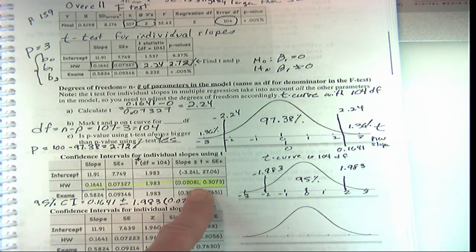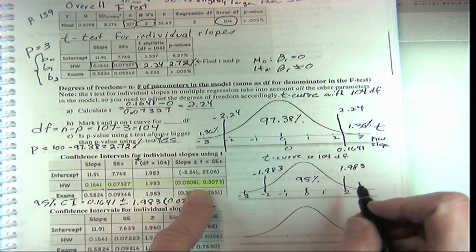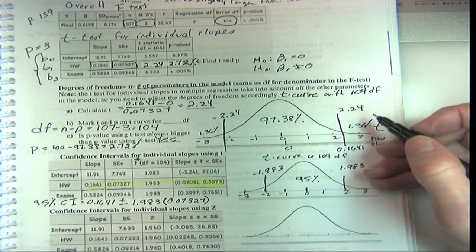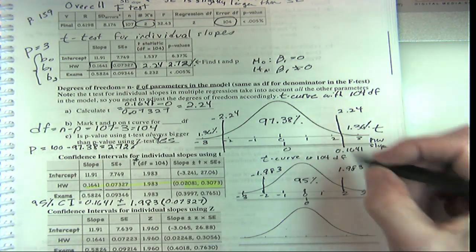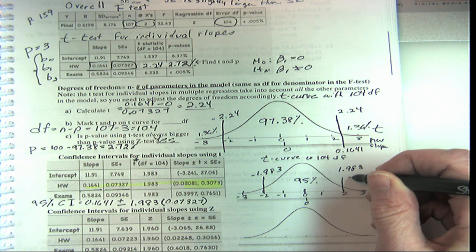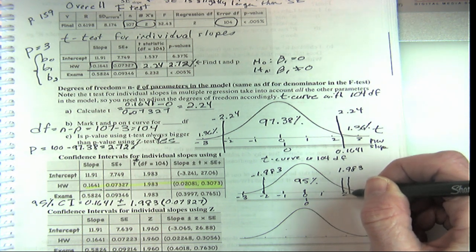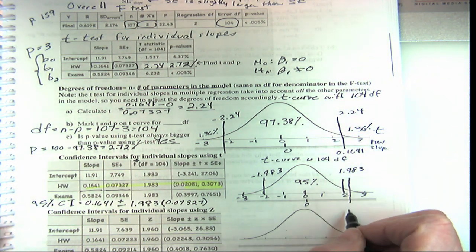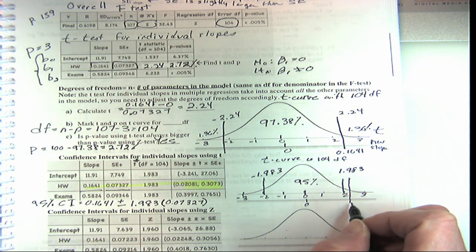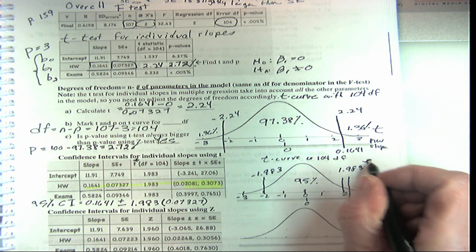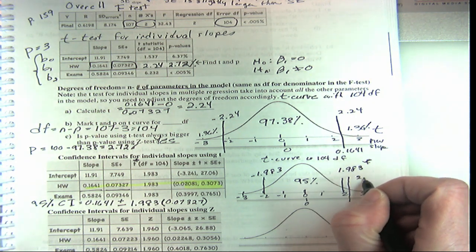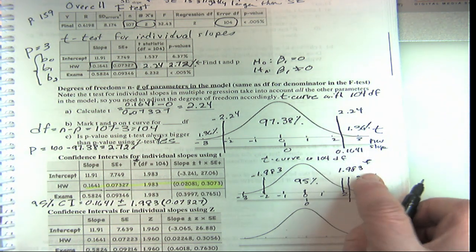So in other words, I don't want you to get too confused here, but here we are on the t, and I'll just line it up. We just did this. Our actual t that we got, this is the critical value. Our actual t was what? 2.24, right there.